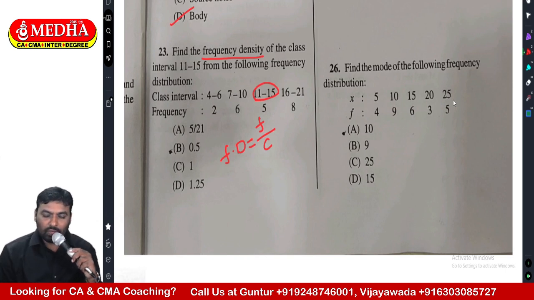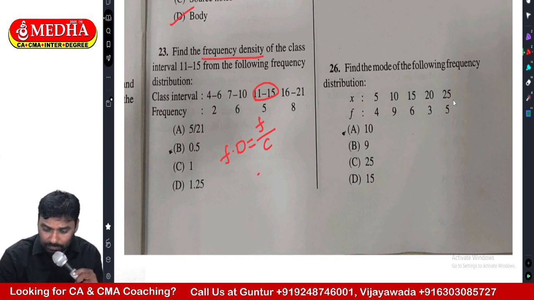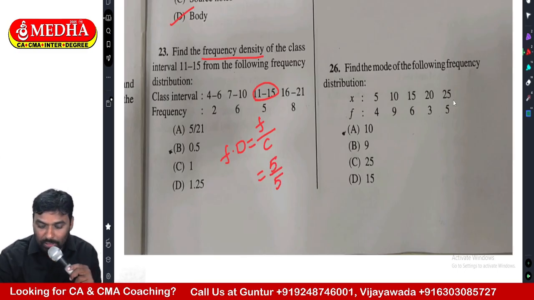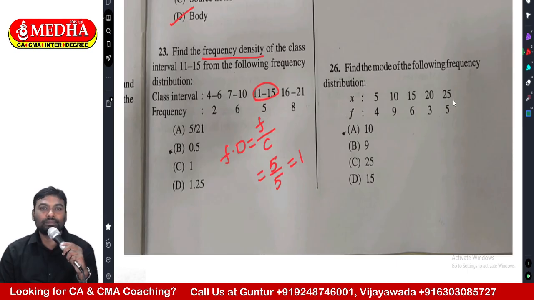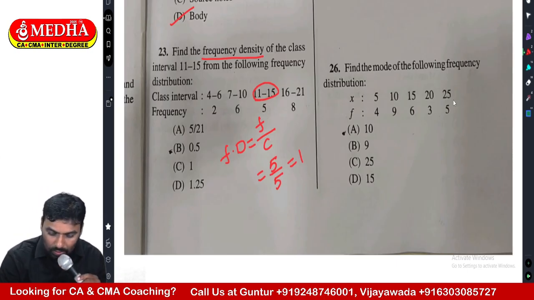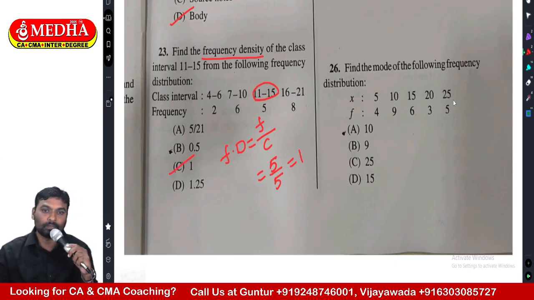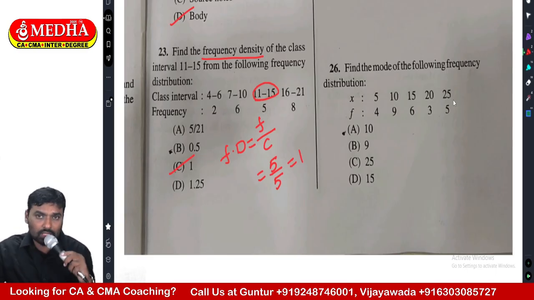Its class frequency is 5, and its class length is also 5. That's why the frequency density is 5 by 5, which is 1. So the answer is 1, correct option is C. The formula for frequency density is class frequency divided by class length.